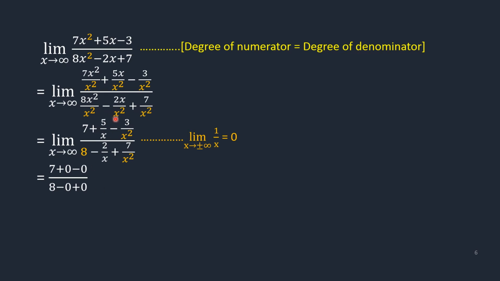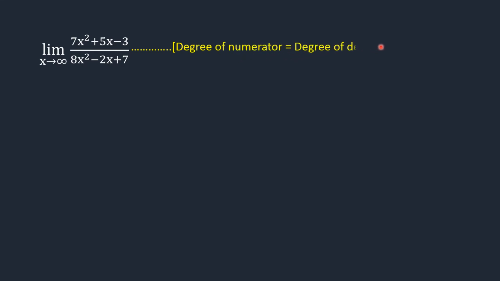See here, the limit of this and this as x approaches infinity will be 0 each. So in the next step, what remains is 7 over 8, which is the limiting value of this limit.